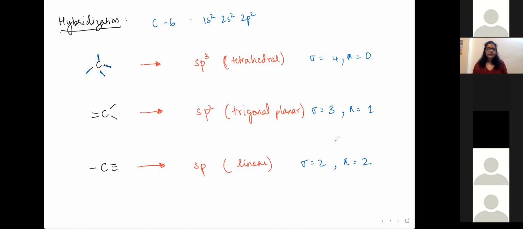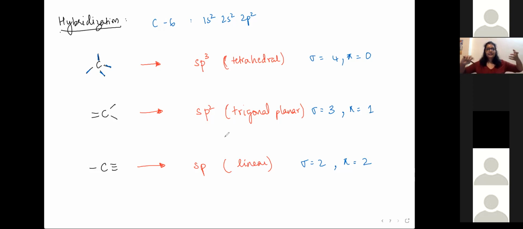Now, this is important because depending on sigma and pi bonds, it decides which bonds are easily breakable and which bonds are not very easily breakable. And based on which bonds are stable versus not stable, the reactions are going to be affected. So between sigma and pi bonds, which bond can you break easily? Different people, different answers.